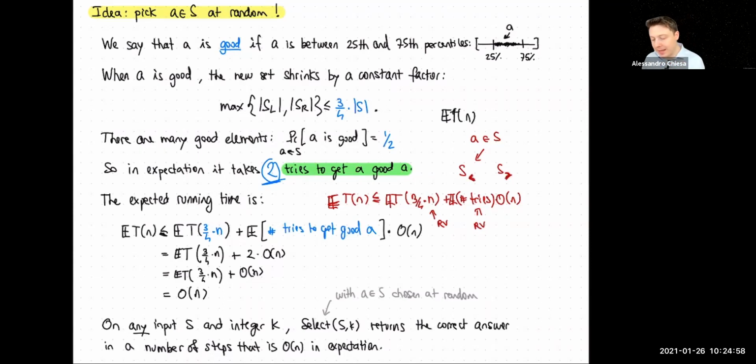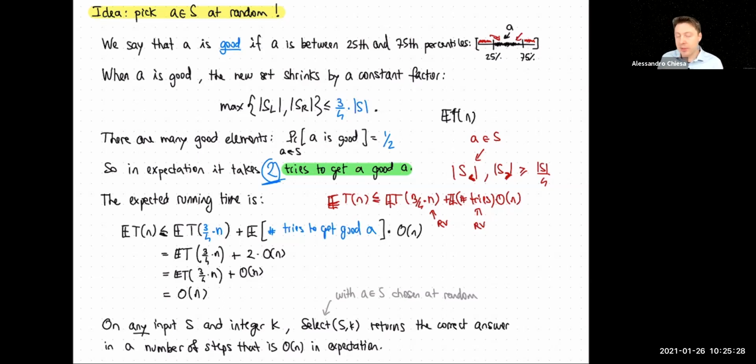We compute S less than and S greater than. And I want both of these things to be of size at least S over 4. Why? Because it guarantees that I have at least that many elements on each side, which forces A to be somewhere in the middle. So when I have a specific A in mind and I'm wondering, is it between the 25th and the 75th percentile?